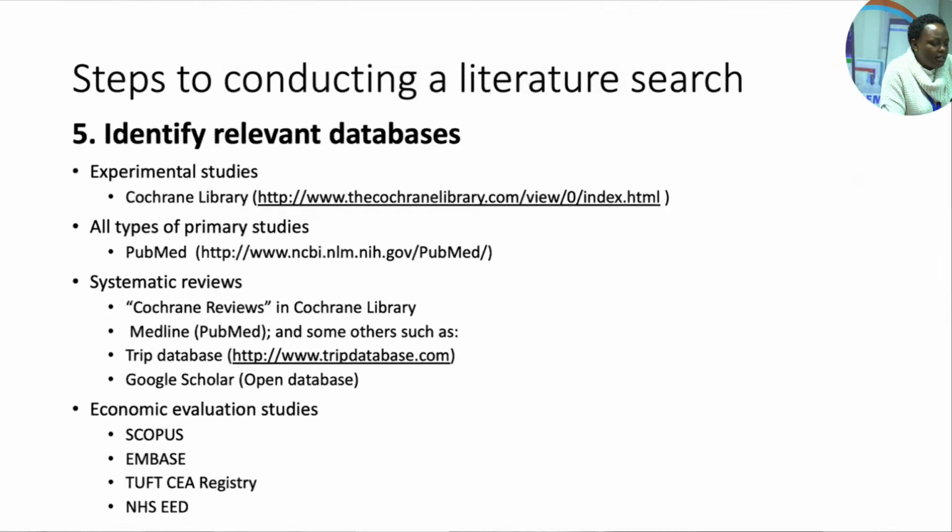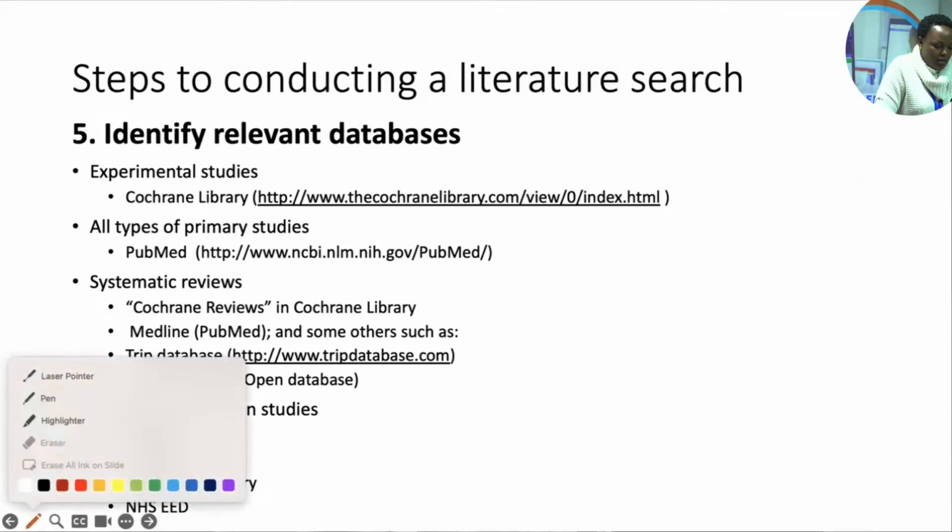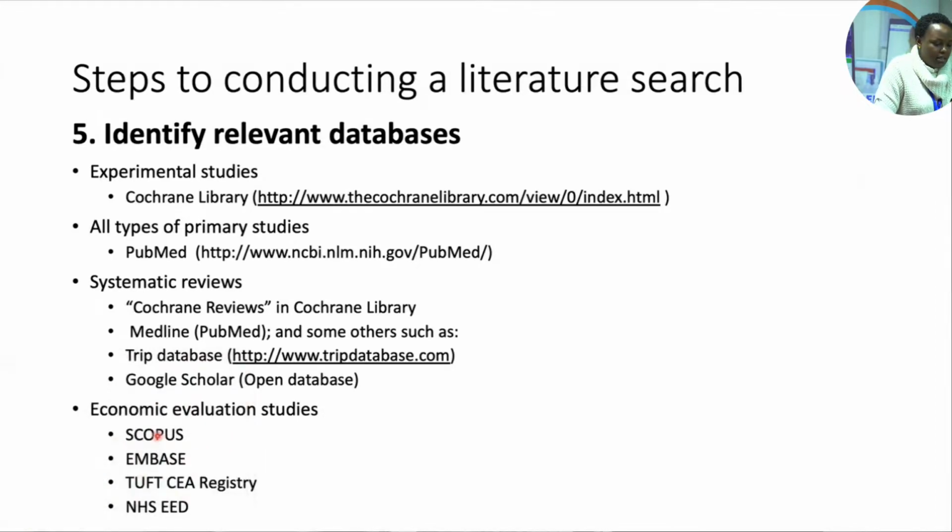So these are the databases we can look at. Most of us know PubMed, but also if you're looking for intervention studies, you can look at Cochrane Library, also for systematic reviews. Economic evaluations, these are the databases that you should use, but there are so many.